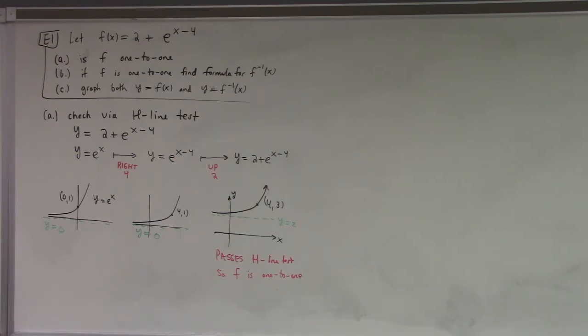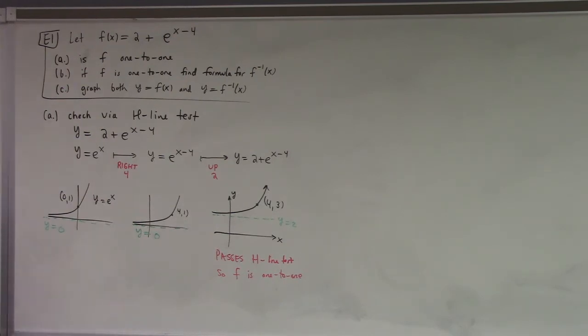But the point is, if the function's not 1-to-1, you can't find an inverse. That's something we should know. But this one is 1-to-1, so we can, right?